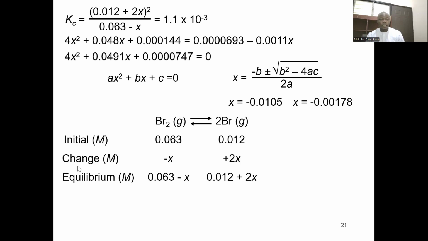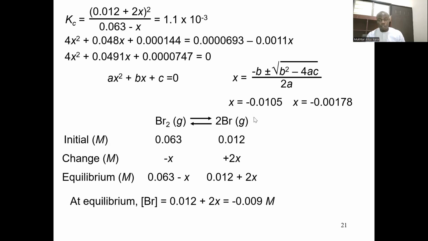and for x2 is minus 0.00178. At the end, we substitute the values obtained above to get our equilibrium concentration. At equilibrium, the bromide ion is equal to 0.012 plus 2x.